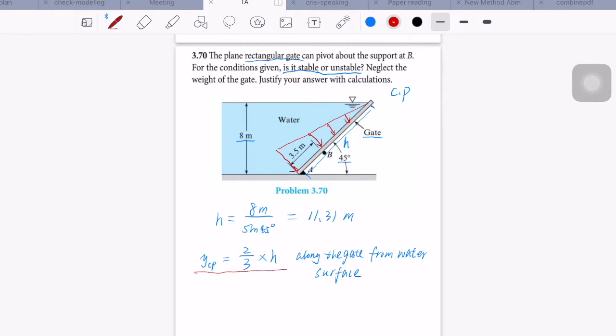Professor Diplos had derived these equations in class. You can find these equations in example 2 from lecture number 5 notes in cross-site.